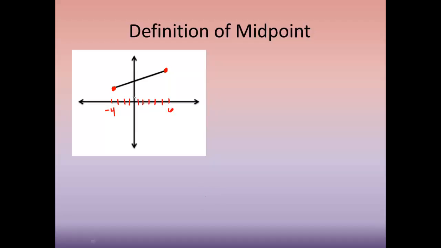And let's go vertical now. 1, 2, 3, and then we'll say 4, 5, 6, 7. So we have the ordered pair for this endpoint to be (-4, 3), and our other endpoint is (6, 7).